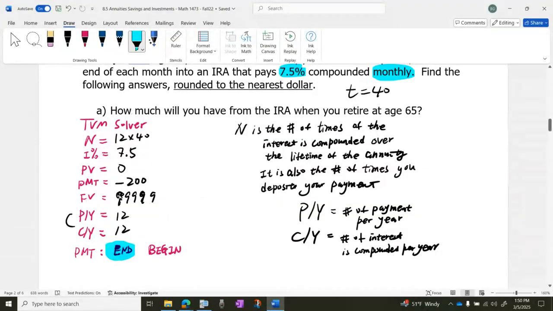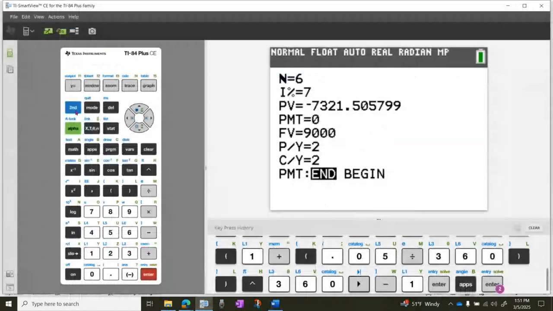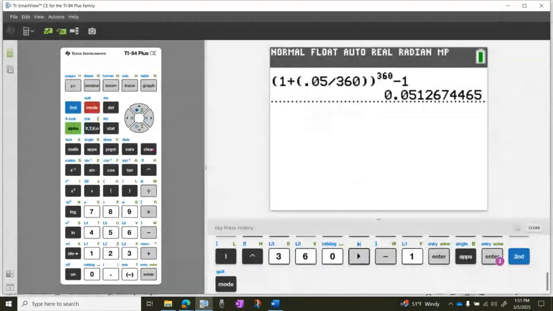Okay, and then we go back to future value to solve for it. Now let's use the actual calculator to do that. This problem, let's remember the information: 7.5%, 40 years, monthly, $200. This is the main page of the calculator.